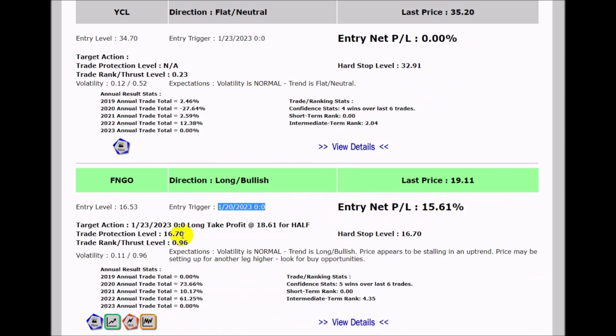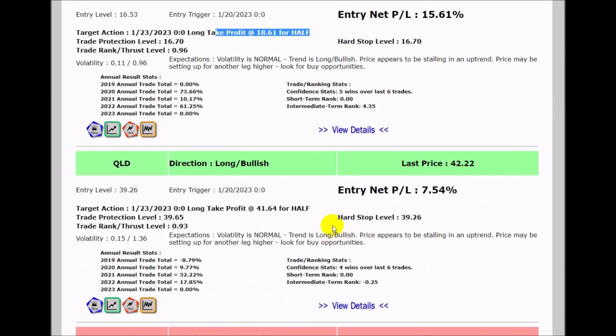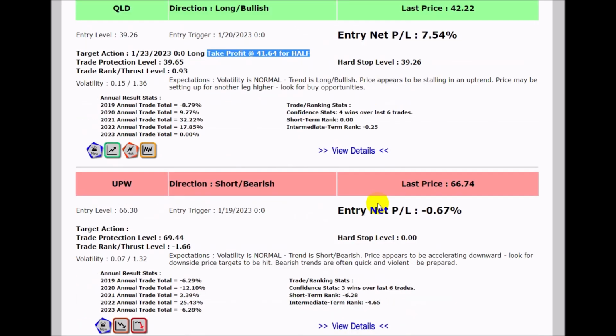What a beautiful trade. We've already pulled half off, so this is not capable, in my opinion, of jumping in and chasing this trade. We're looking for something that's newer, that gives us an opportunity. QLD here, trade from about a week ago, is already up 7.54% and already pulled half of the position off.